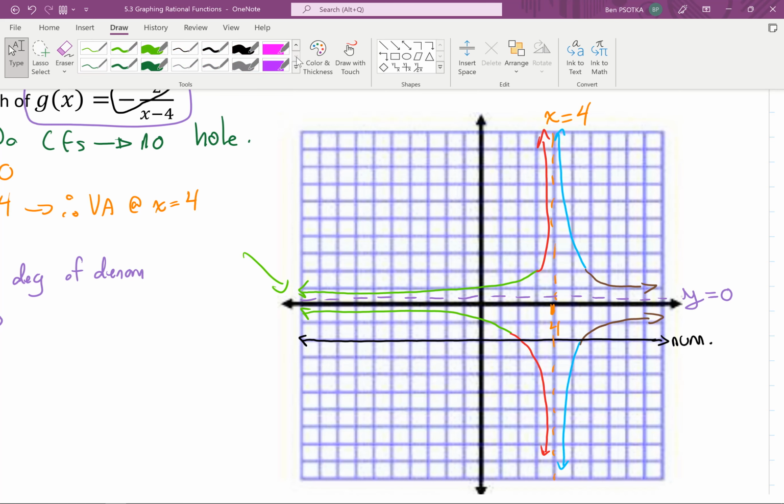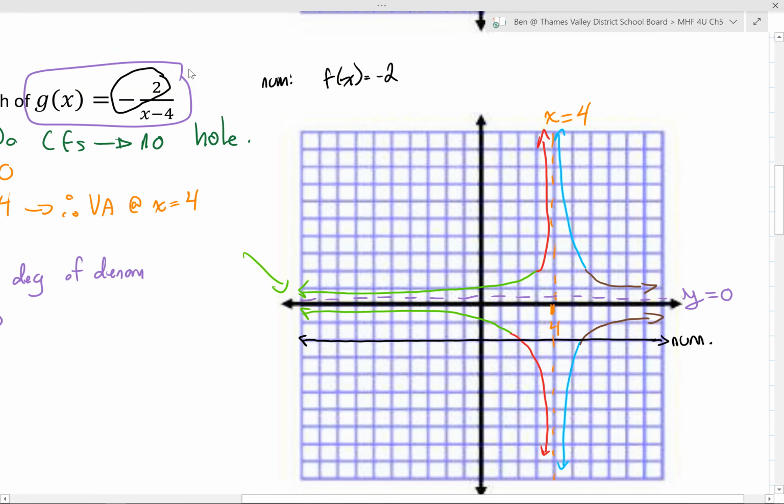Then we want to sketch our denominator as well. Sketching our denominator should be pretty straightforward. Here we'll call it h of x. I'm choosing these letters because g of x is our rational function here. So h of x equals x minus 4. I know how to sketch that. That's a linear function.